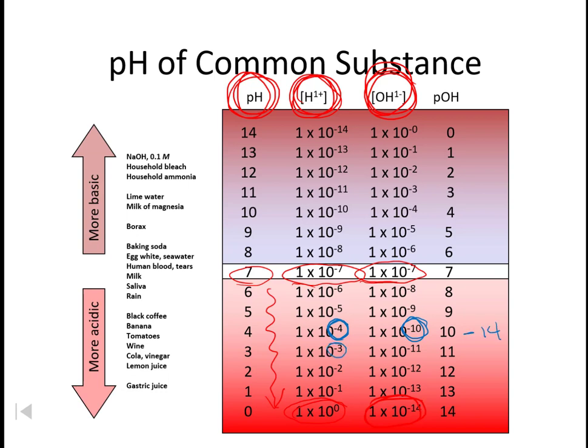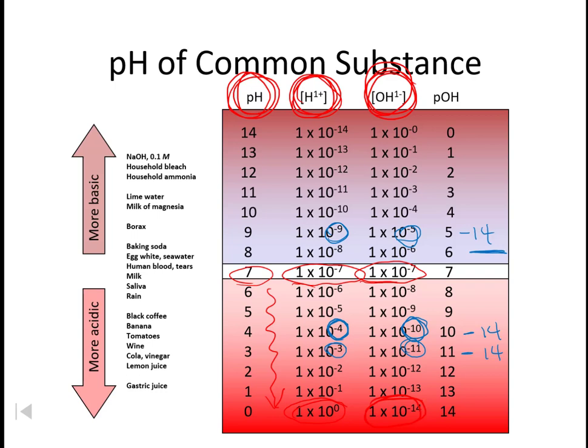If we add -3 to -11, what do we get? Negative 14. What if we add negative 9 to negative 5? What do we get? You got it, negative 14. And what is the highest value on the pH scale? Just happens to be 14.